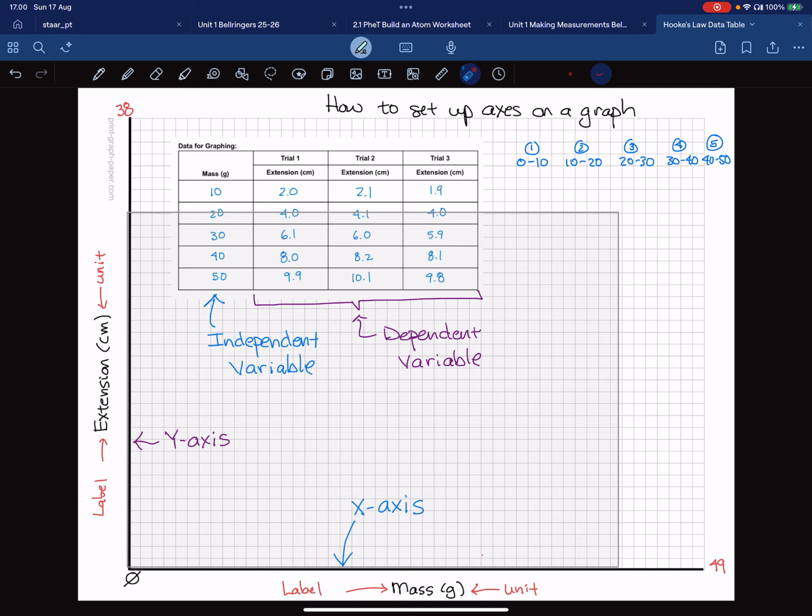So then I just start thinking about numbers. If every one of these is only one square, well, clearly that's not going to work, because then I'd have 10, 20, 30, 40, 50, and I need it to be roughly this big. So then I start thinking, well, this is 49.